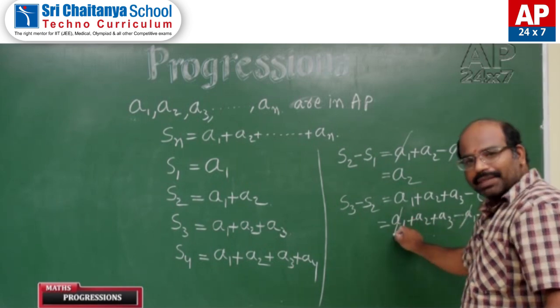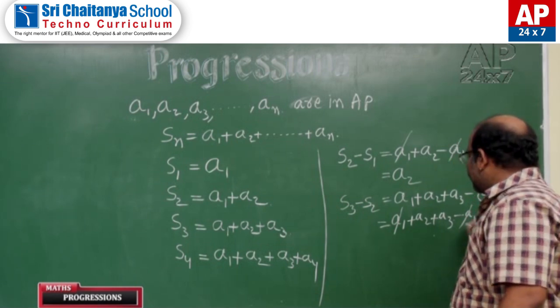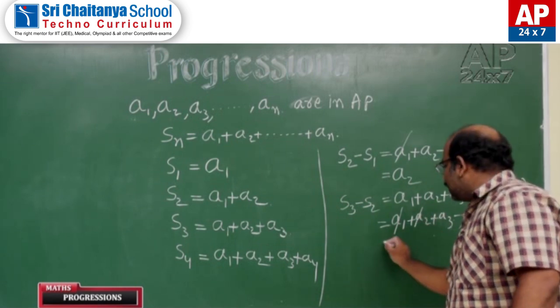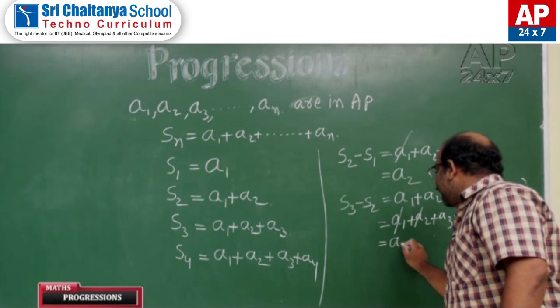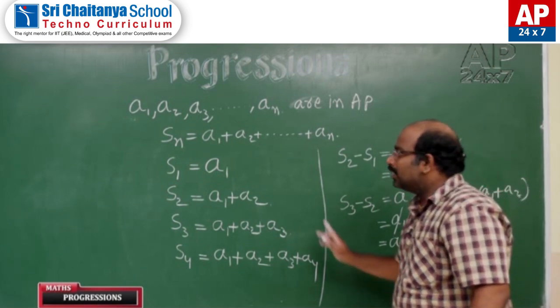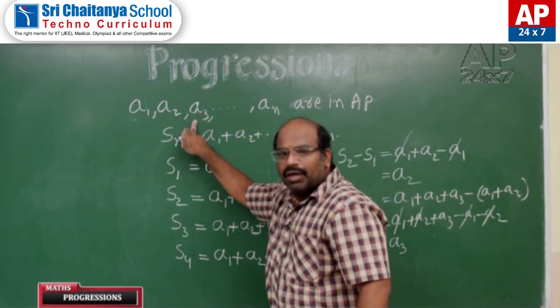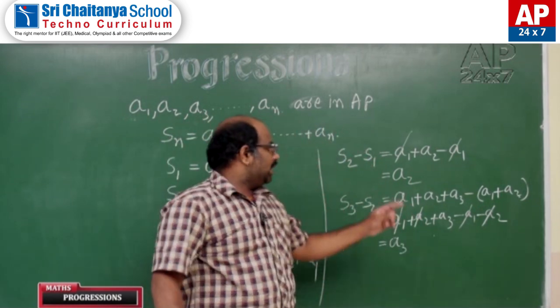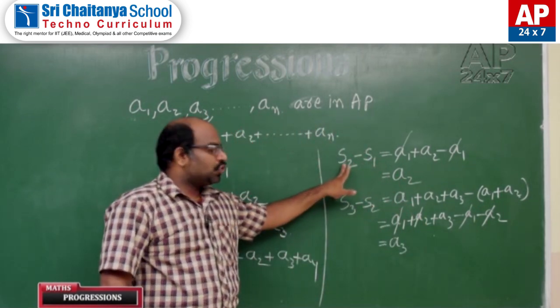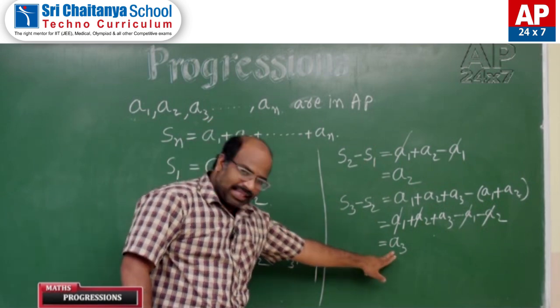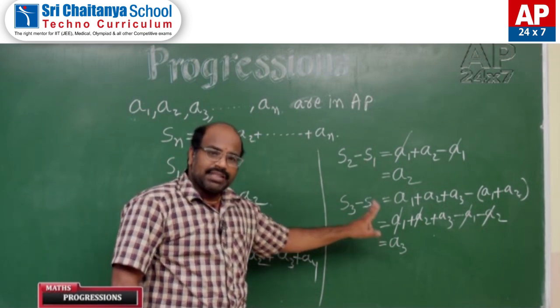Here minus A1 plus A1 gets cancelled, minus A2 plus A2 gets cancelled and the resultant value is A3. What is A3? The third term of the arithmetic progression. Here A2 is S2 minus S1, A3 is S3 minus S2.